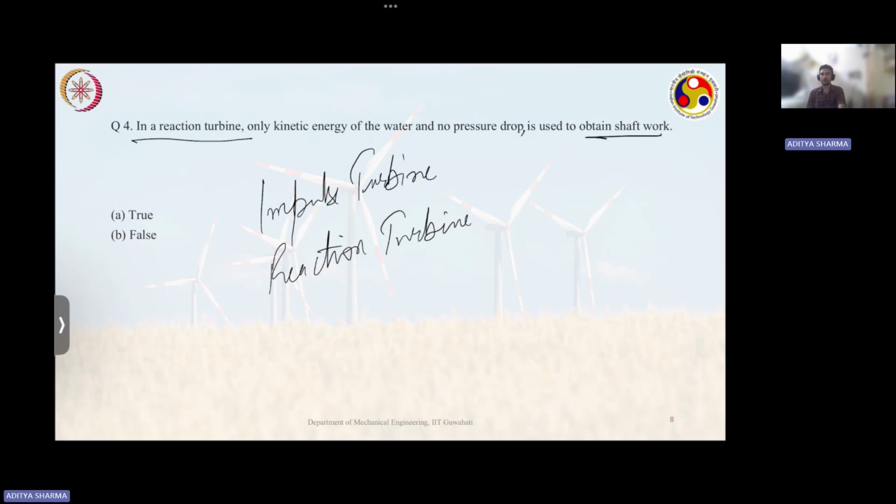In your impulse turbine, kinetic energy is used, and in your reaction turbine, both kinetic energy and pressure drop are used. The question here says that only kinetic energy of water is used to obtain shaft work, which is false. Both pressure drop and kinetic energy of water are used.